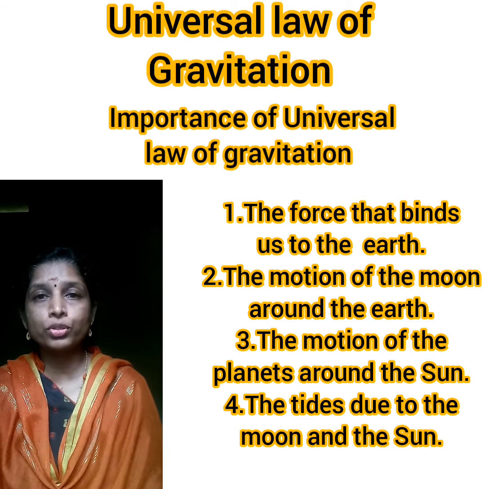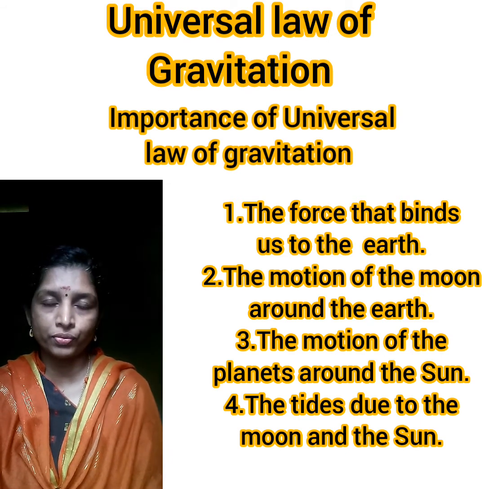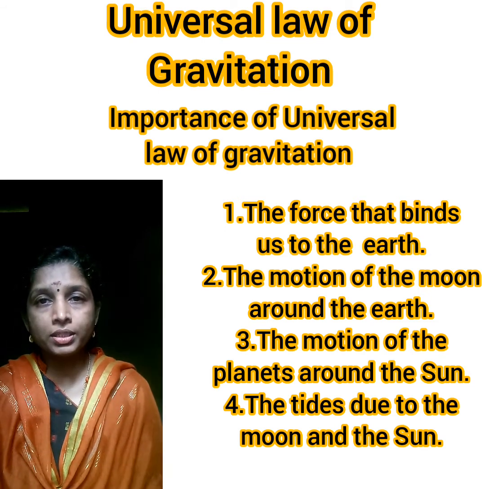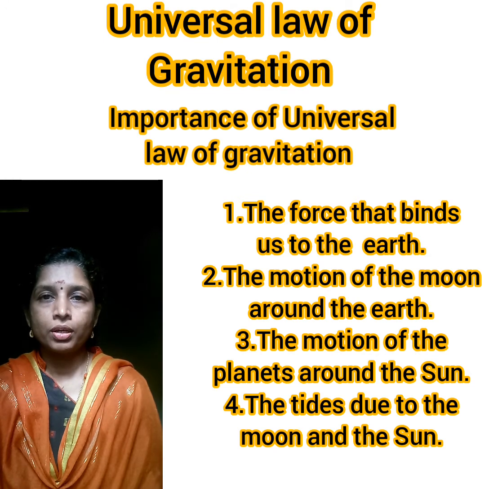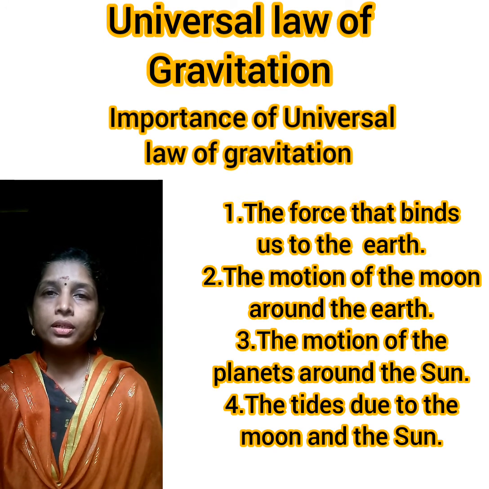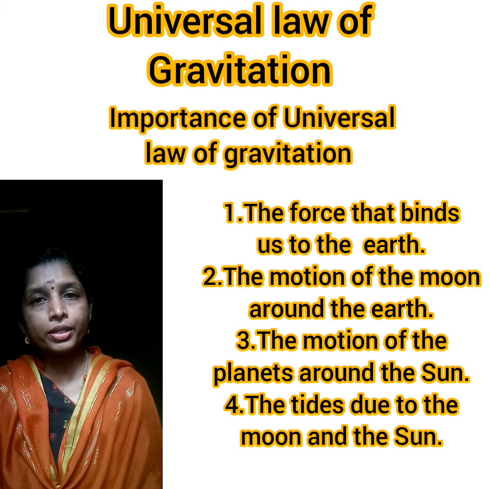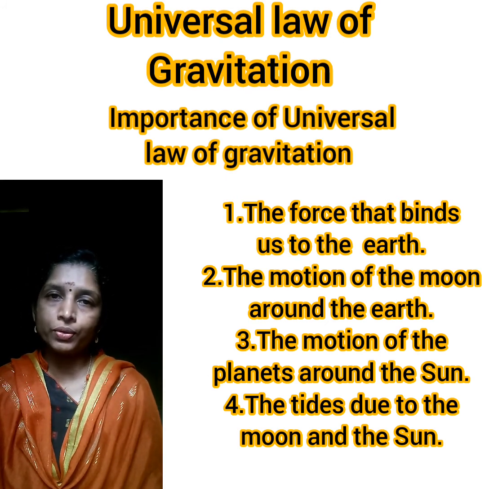That is the cause of tides on the surface of the earth. Then all the planets revolve around the sun due to gravitational force, and the moon revolves around the earth also due to gravitational force. So those are the importance of the universal law of gravitation.